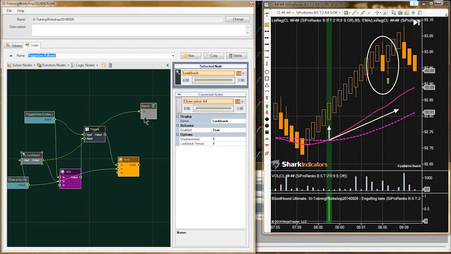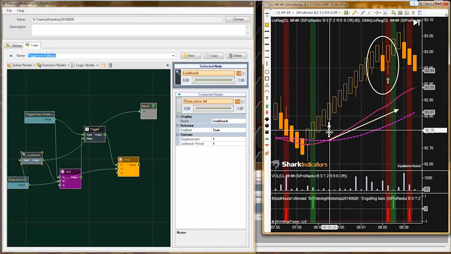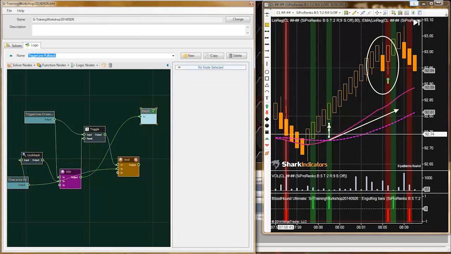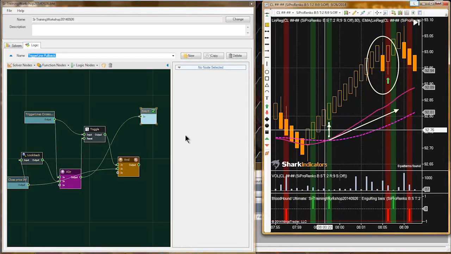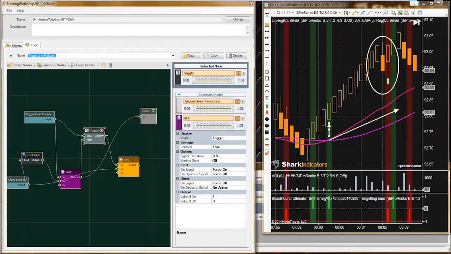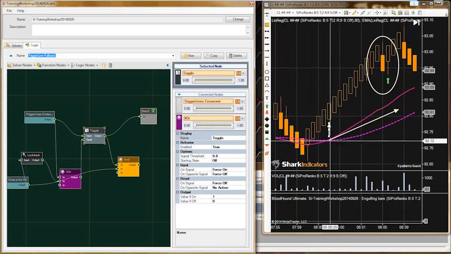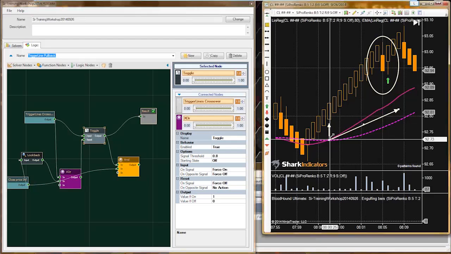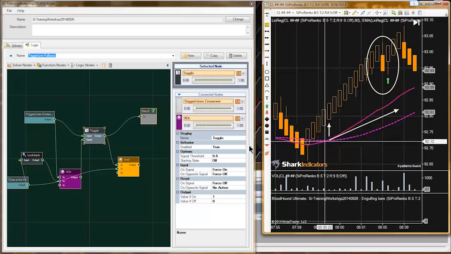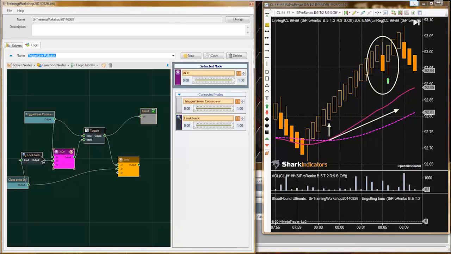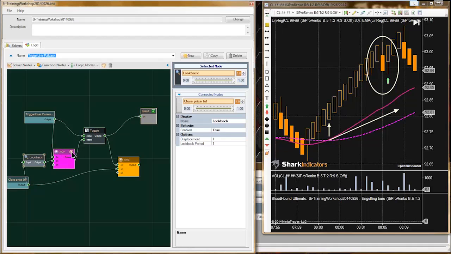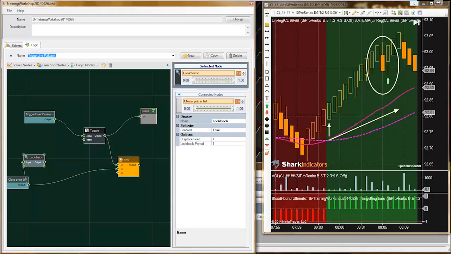If we take a look at the look back, see, the look back does not have a signal here. And so therefore the XOR pushed the signal through, and of course it reset our toggle node, turned our toggle node off as soon as the crossover happened. So this logic's not working either. Let's rethink this.